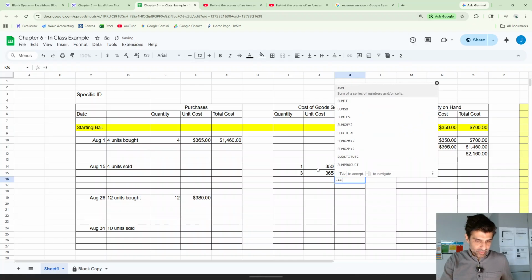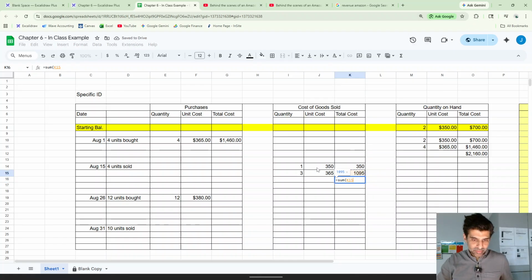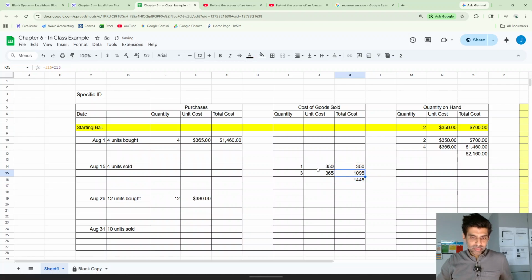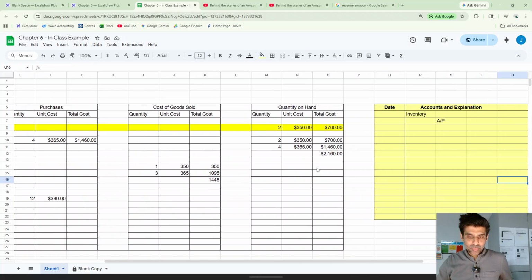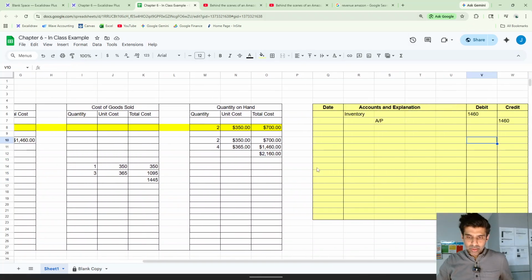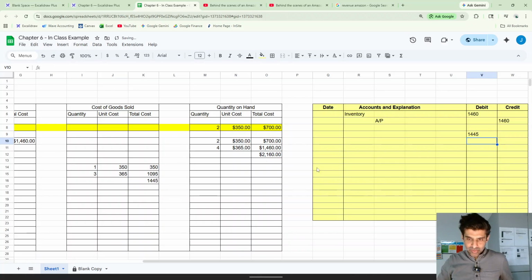So it could be that our cost of goods sold, let's just complete this assumption, is this 1,445. This would be used in my journal entry: 1,445 debit cost of goods sold, credit inventory.